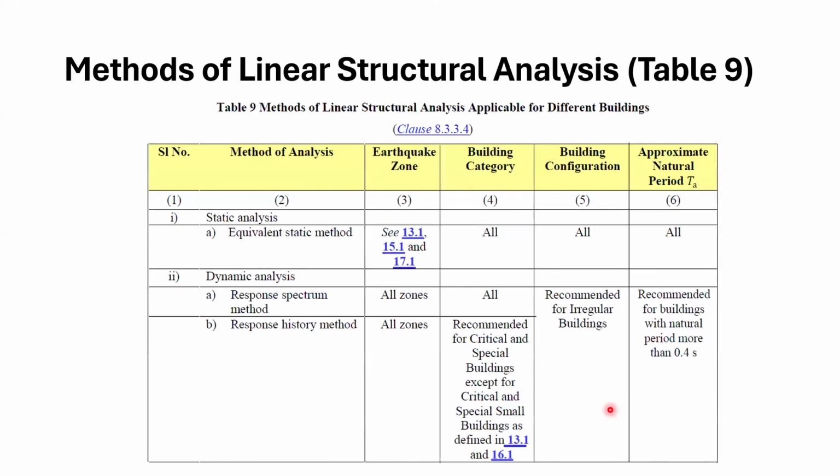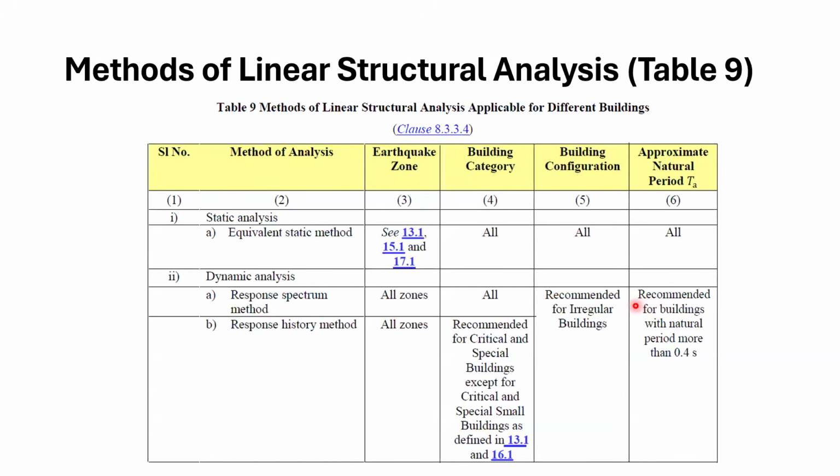And we also have the clear descriptive way of identifying the structural analysis type for the linear analysis. So equivalent static for all zones, all building categories, all building configurations, regular or irregular, and time periods. Yes. And then dynamic analysis is clearly given here, response spectrum for all zones.